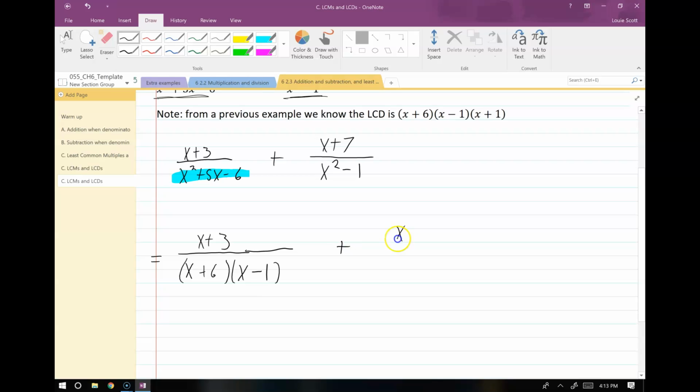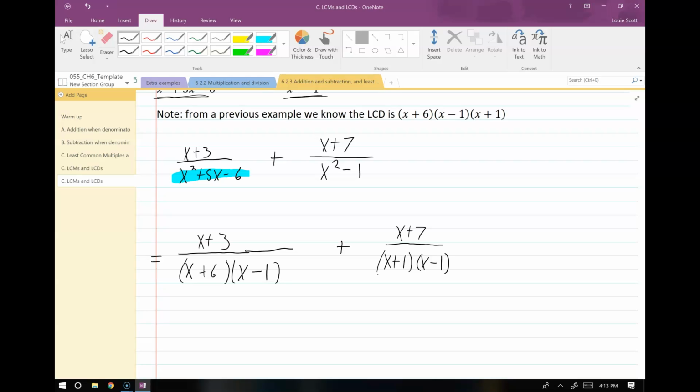That's added to x plus 7 over x plus 1, x minus 1. Sorry, I went up to a different line on that.